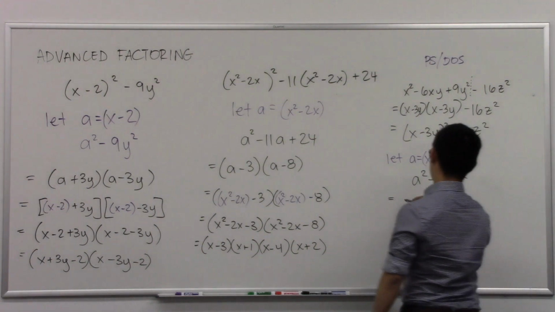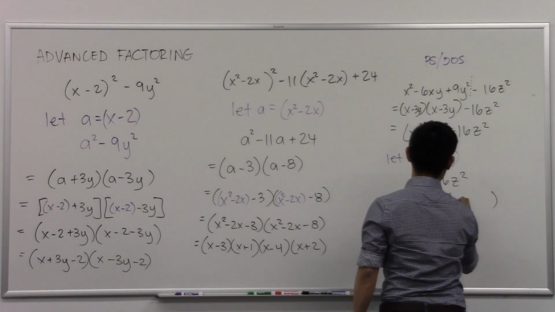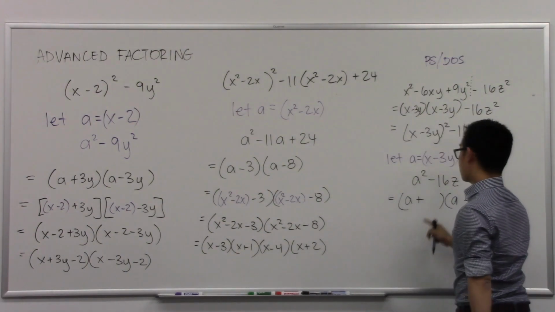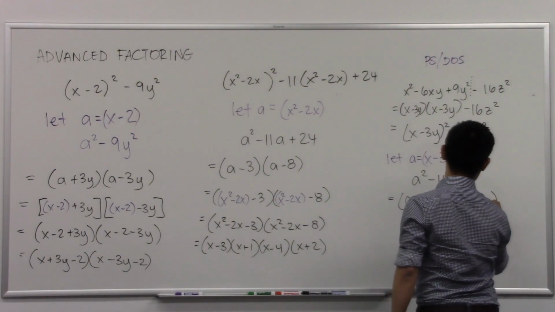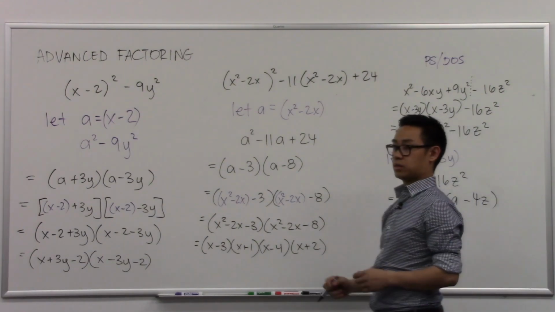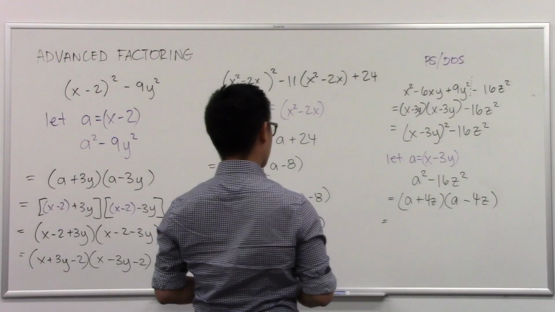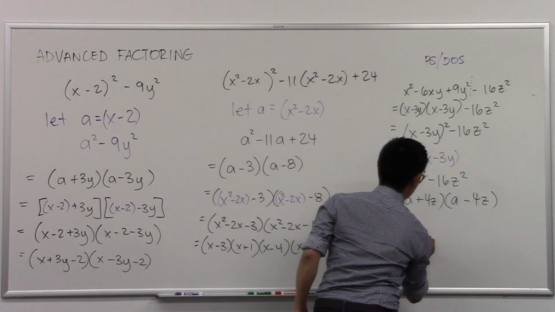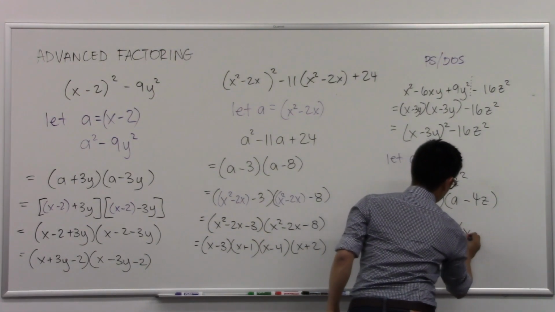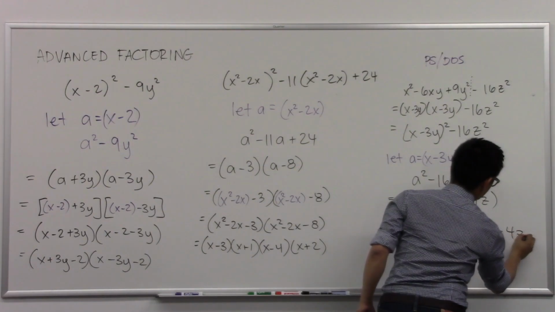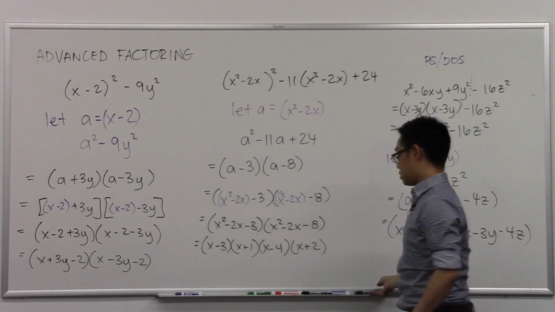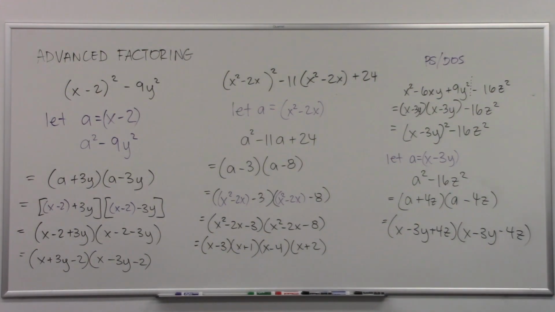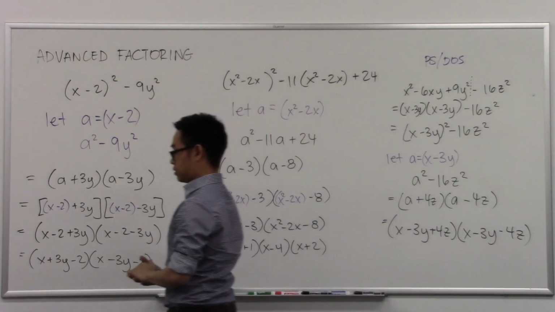This is another difference of squares. Square root the first term, put a plus and a minus, square root the last term. And we can write it back in. That's the answer. Okay. That's advanced factoring.